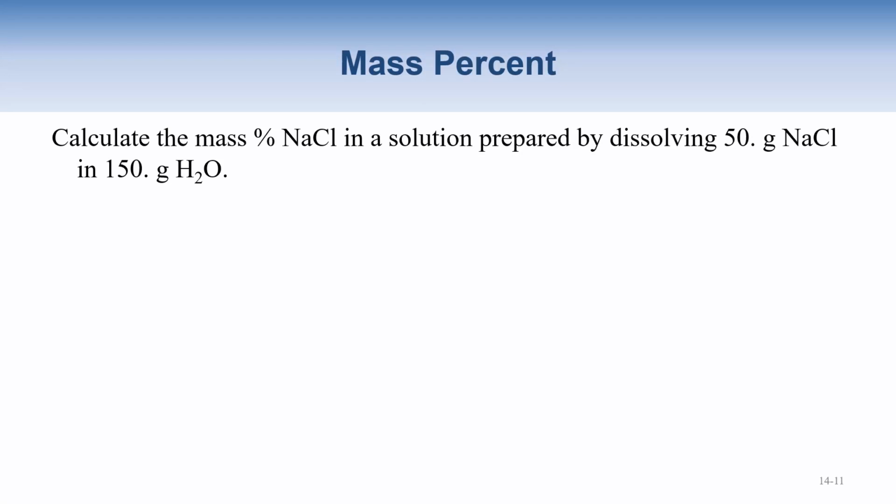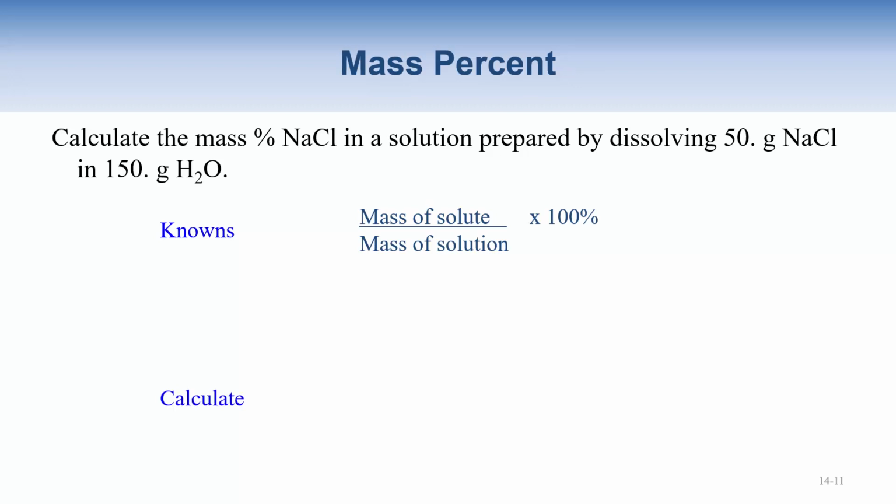So calculate the mass percent of sodium chloride in a solution prepared by dissolving 50 grams of sodium chloride in 150 grams of H2O. So to do this calculation, you're going to do the mass of the solute, which is 50 grams of sodium chloride, divided by the mass of the solution.